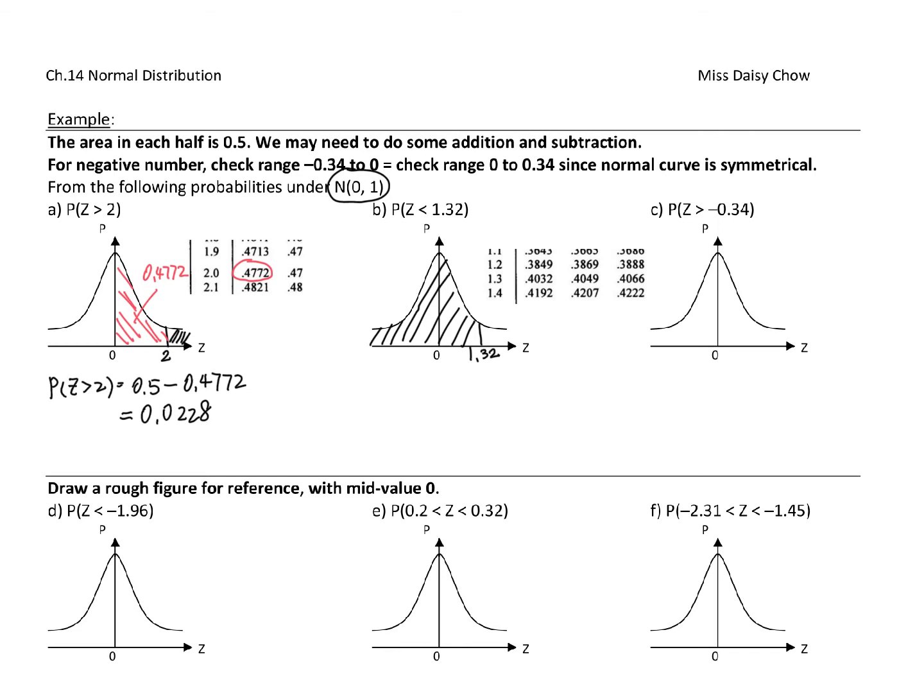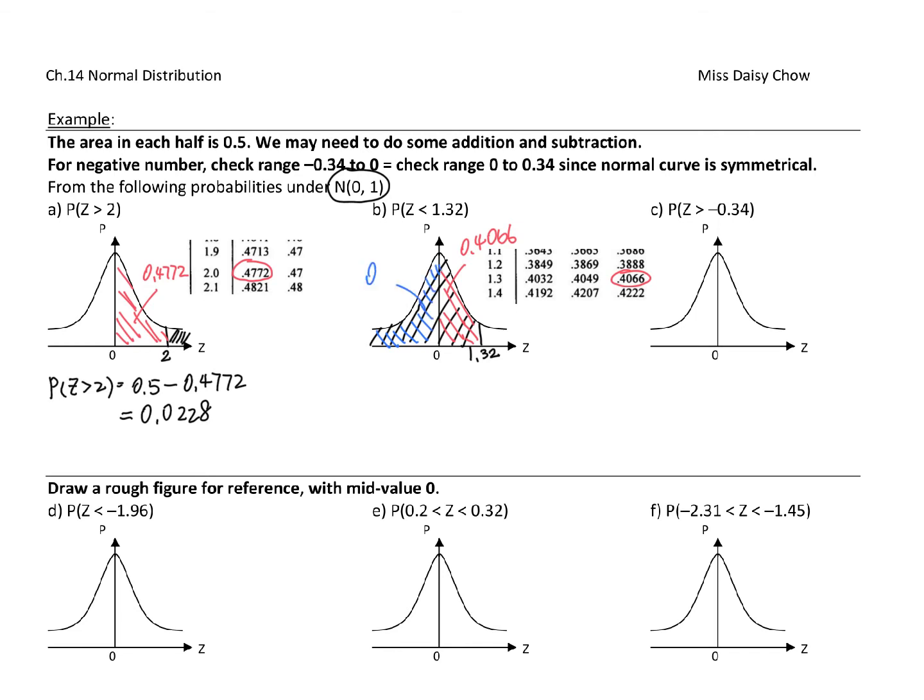If you check the table, 1.32 would be this number, and it indicates that, starting from 0, this part is 0.4066. And how about this part?